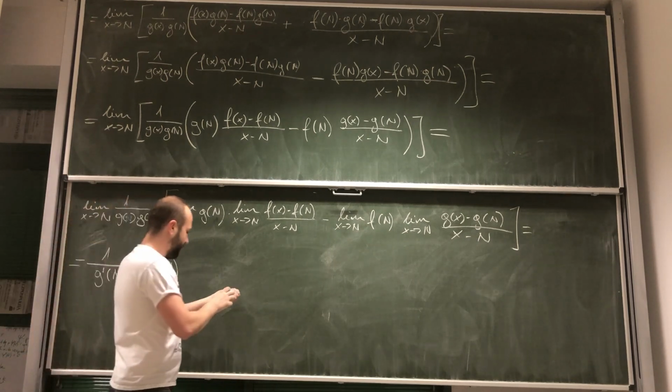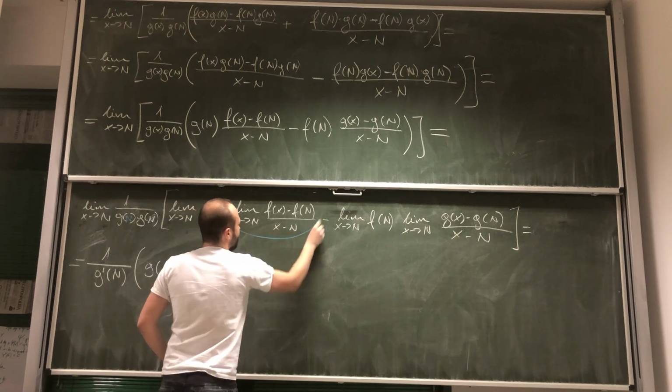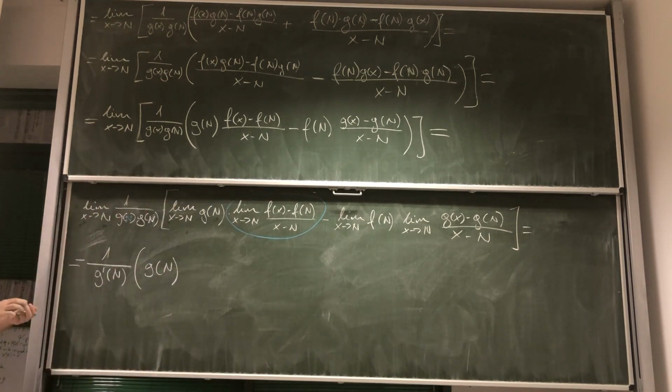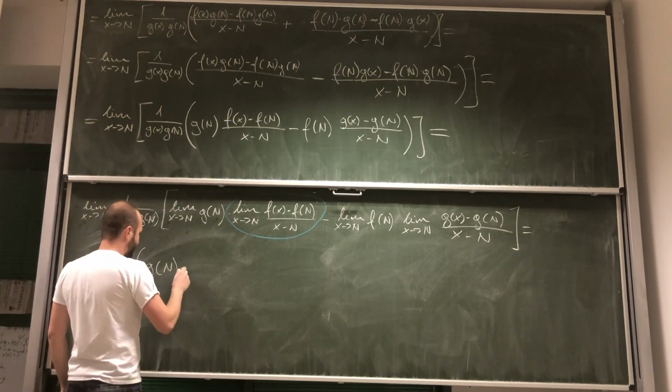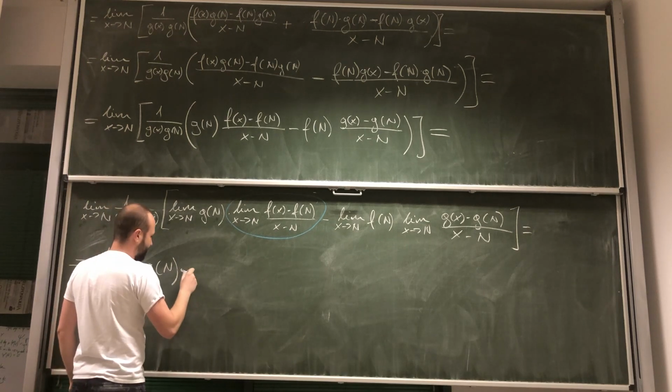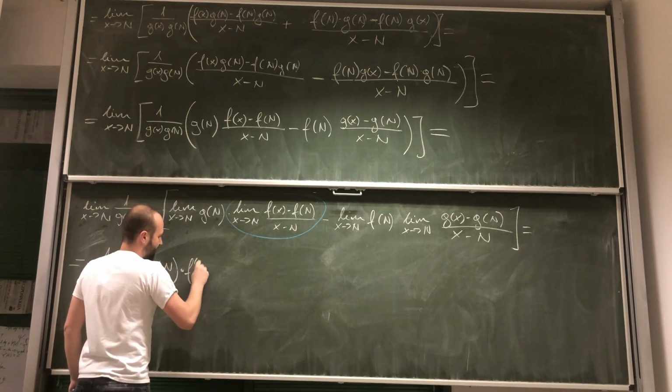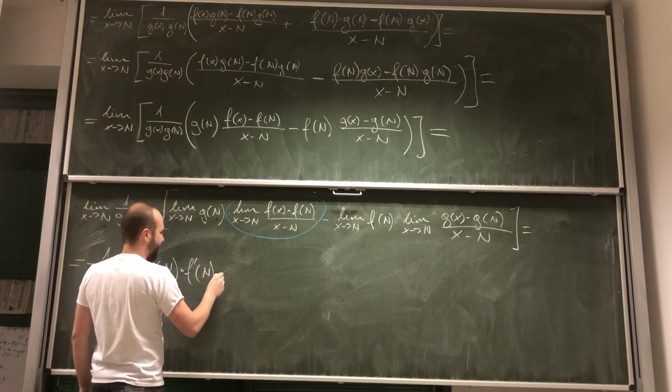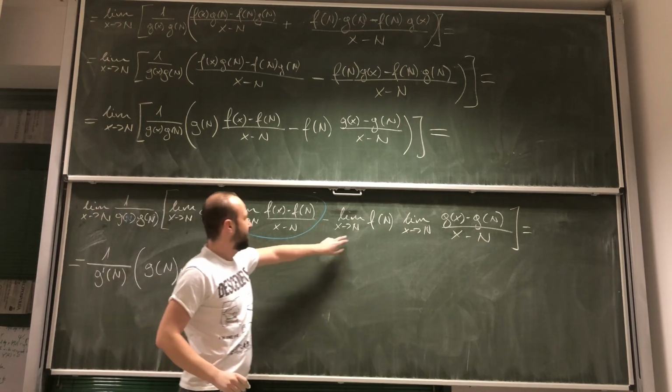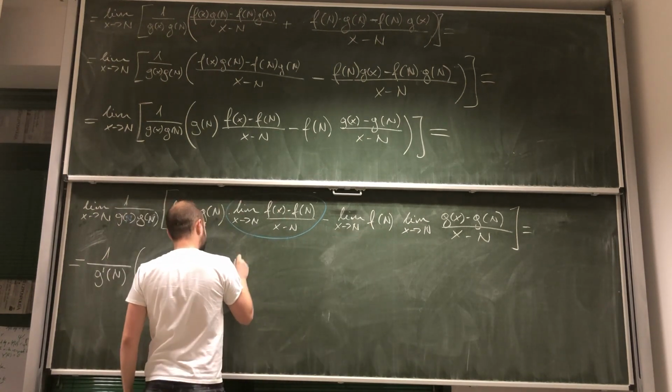What do we have over here? This, by definition, is the limit of the f function with x approaching n. So this is f prime of n. Then minus, here we just have f(n).